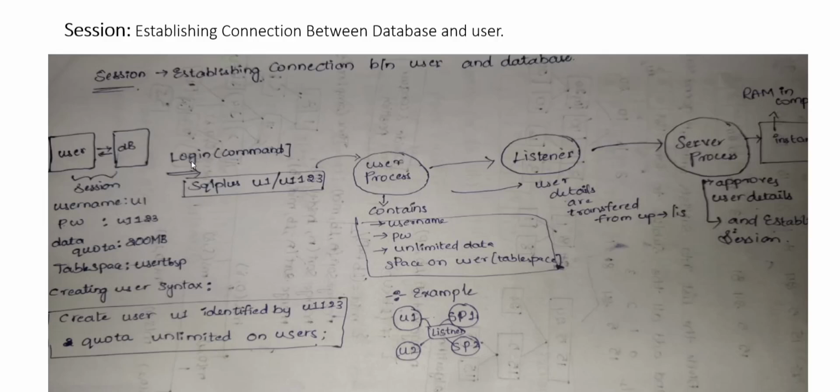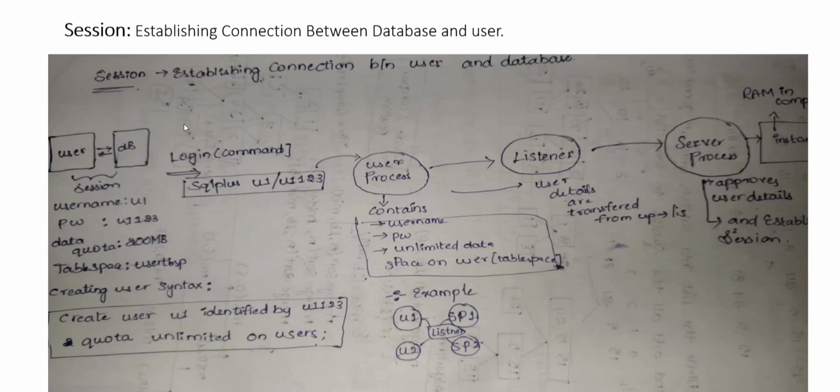For example, I have created a username Suma and a password, and I'm giving 100 MB of space in the data files on a user table space. So this is the way of creating a user, and then we have to log in with the credentials that we used at the time of creating the user.